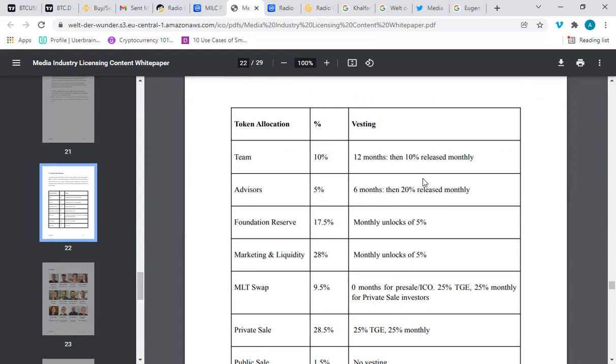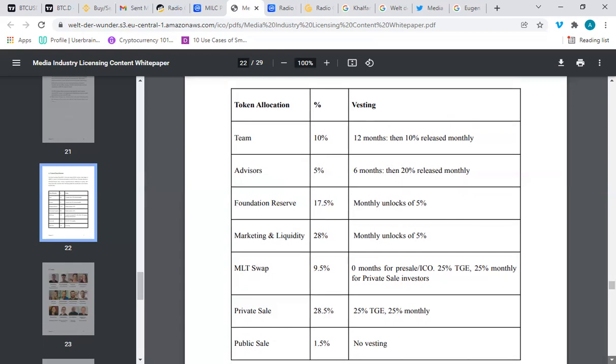For example, if there are 100 units of the coin and the unlock is 10, that means every month they'll be releasing one. This one for advisors, they will first lock it for 6 months, then they'll be releasing it 20% monthly. So that's what this unlock means.